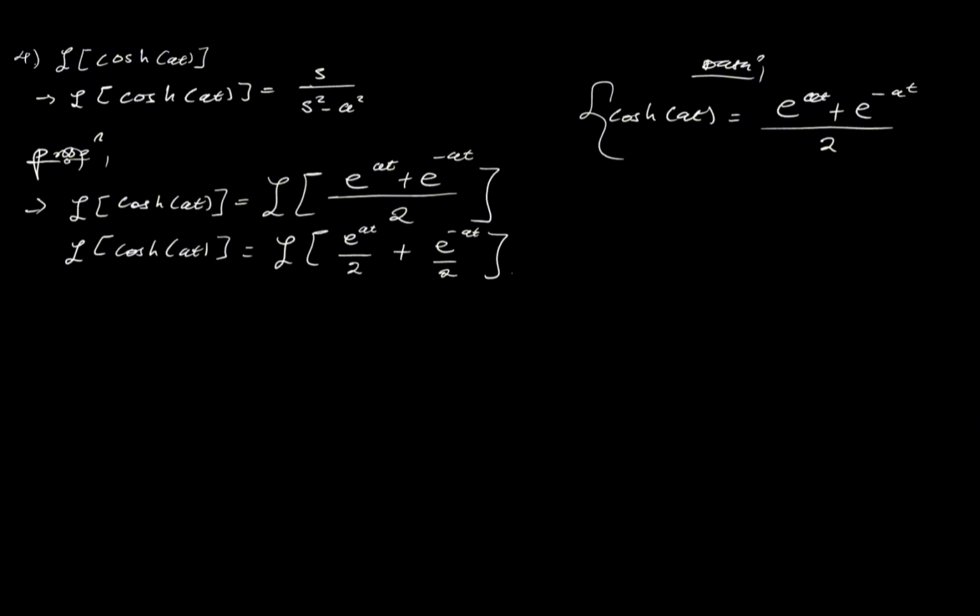By applying a certain property of Laplace, which is the linearity property, we can say that the Laplace of cosh at is 1 over 2 by pulling out the constant, then finding the Laplace of e to the at, then applying the same thing on the other term, plus 1 over 2, then the Laplace of e to the minus at.